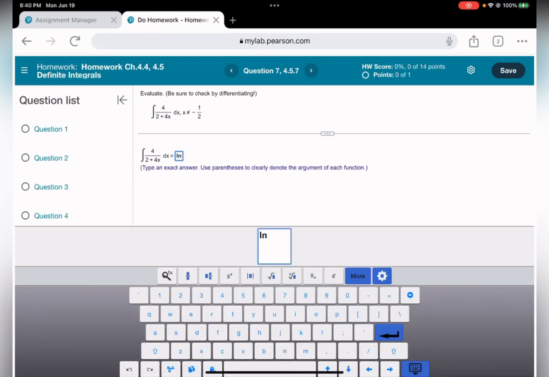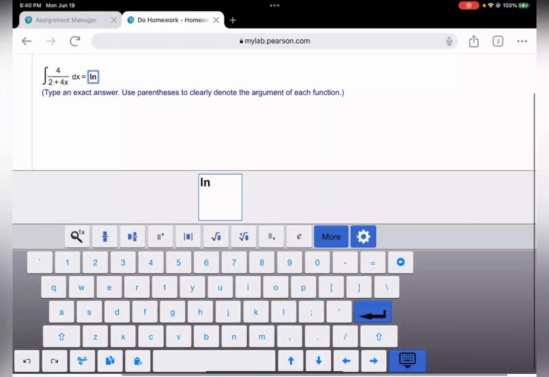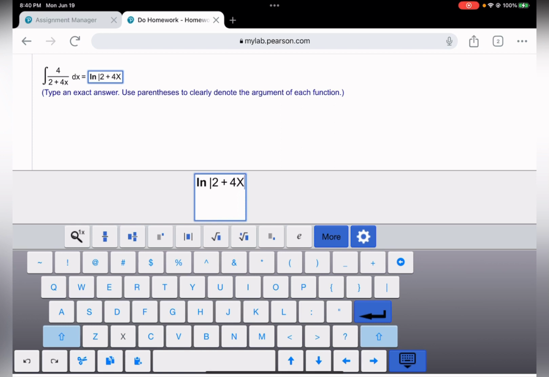Natural log. Okay, where is the absolute value? Let me see. Is that it? Yes. So it's going to be 2 plus 4x, and covering with absolute value.